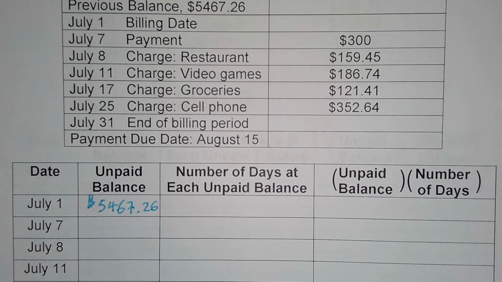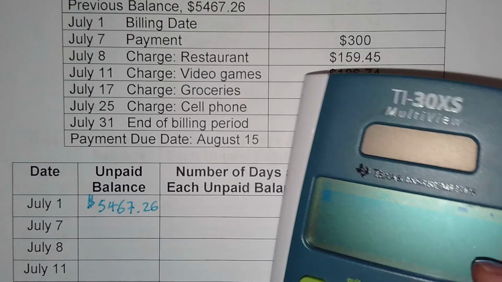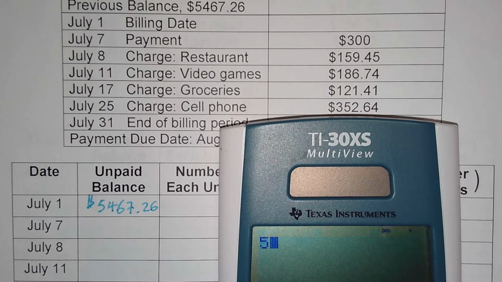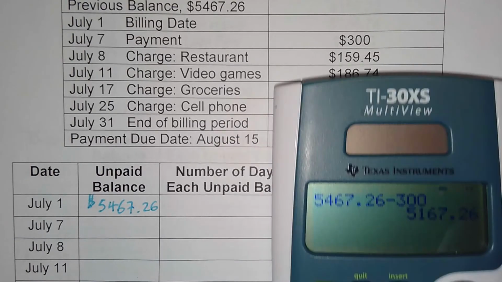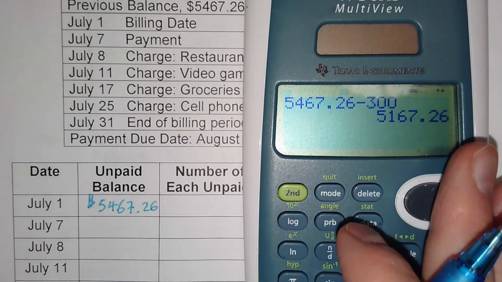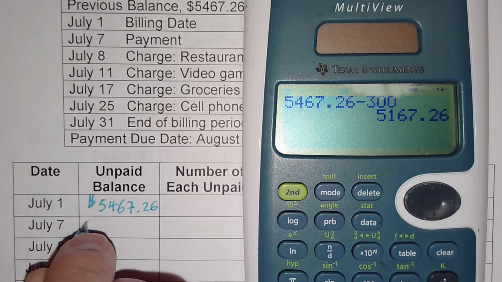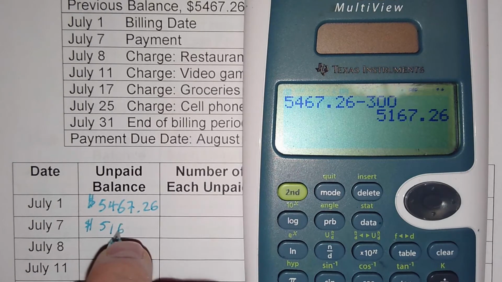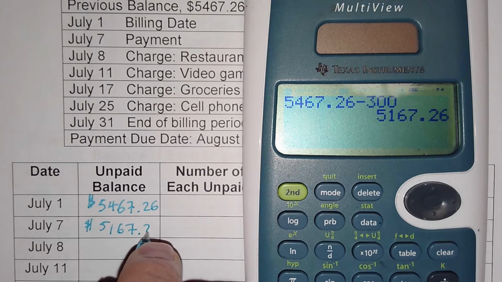Now on July 7th, they made a payment of $300, so we're just going to subtract that off. That gives us $5,167.26.